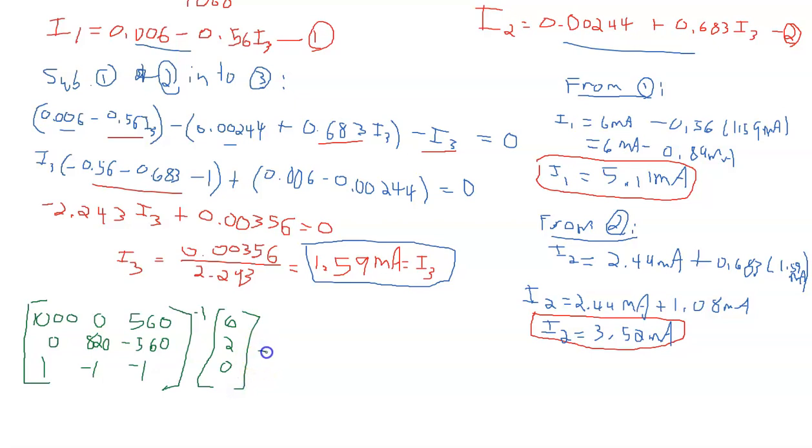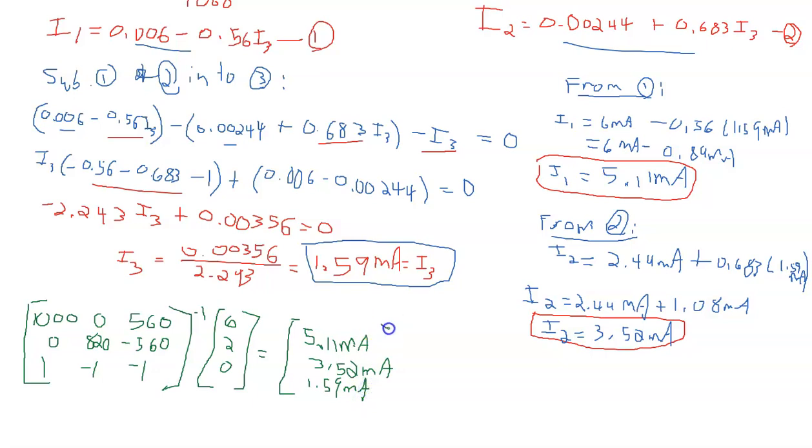Okay, so we have here 6, 2, and 0. And if we put that into our calculator, we will come up with 5.11 milli, 3.52 milli, and 1.59 milli.